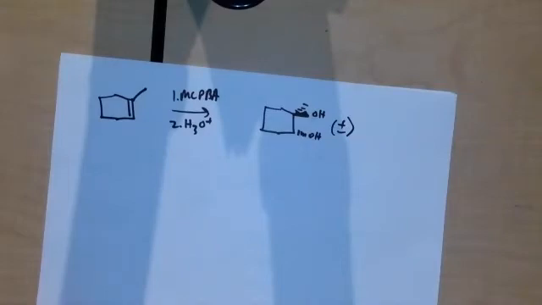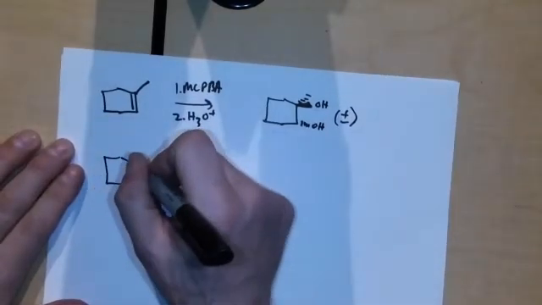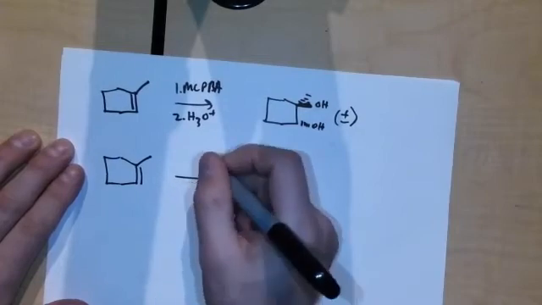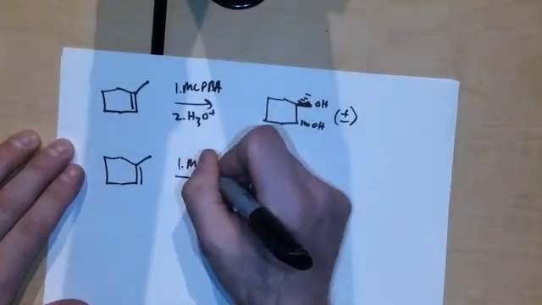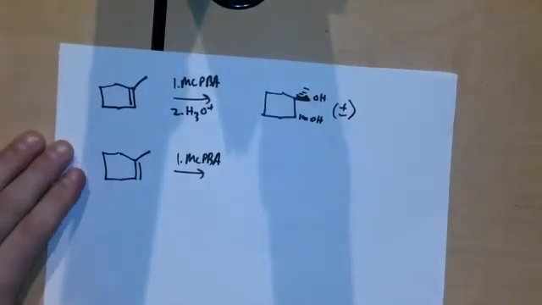If we just do the first step, where we throw in MCPBA, this will give us an epoxide.